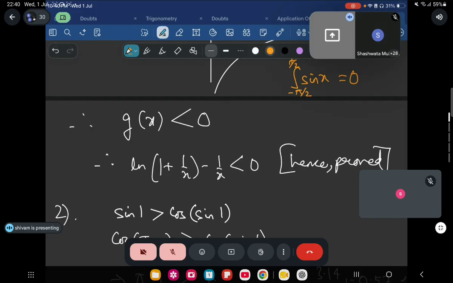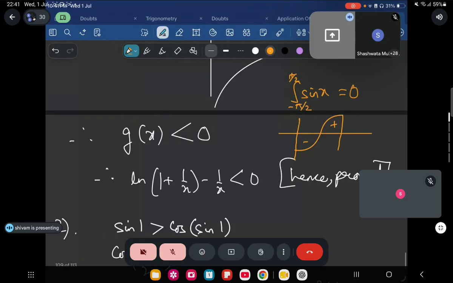See, how are we getting 0? Because if you see the graph from minus pi by 2 to pi by 2, the area below x-axis is equal to the area above x-axis. Can you see? Tell me. Are you getting? Yes, sir.